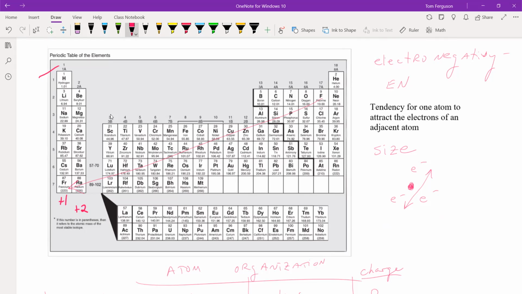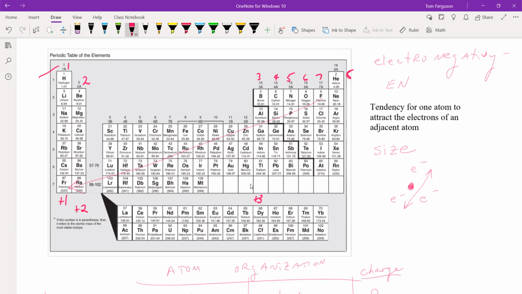And by the way, these groups frequently go by numbers. So this is group 1, group 2, 3, 4, 5, 6, 7, and 8. The ones in the middle don't behave as nicely as the ones on the outside. Okay, so we're going to jump over here to group 3. They like to form a +3 cation.